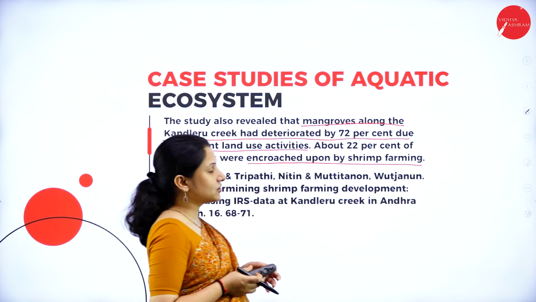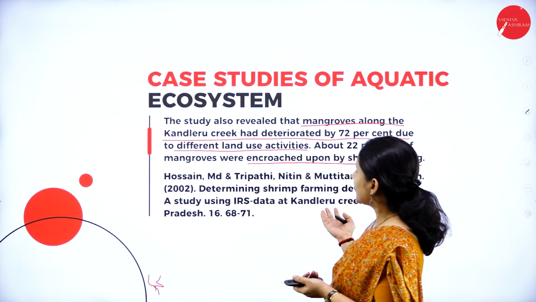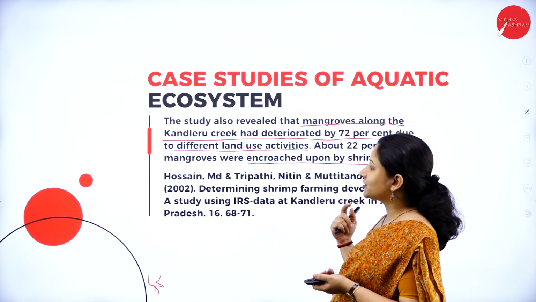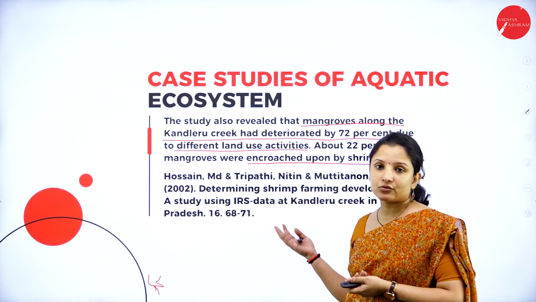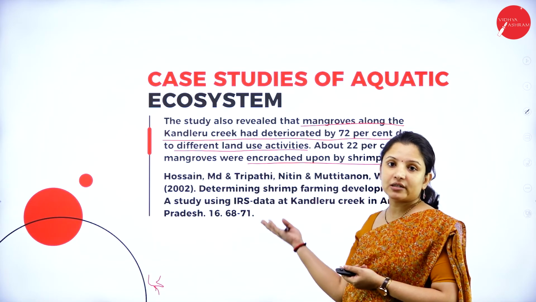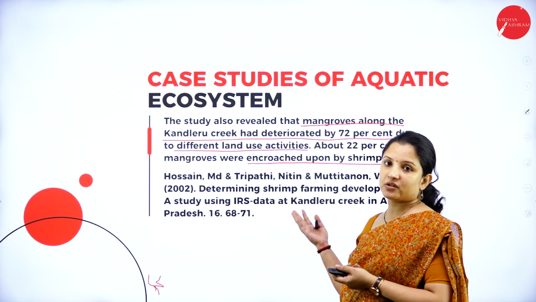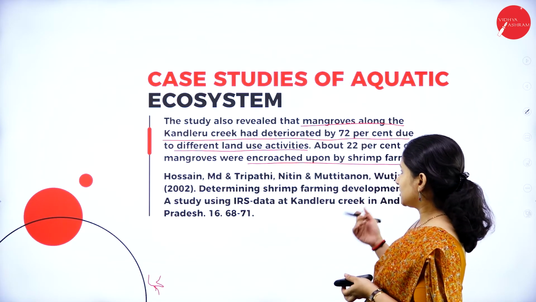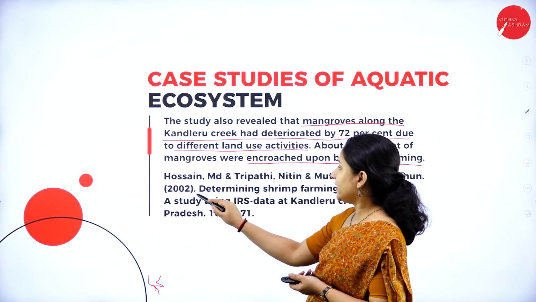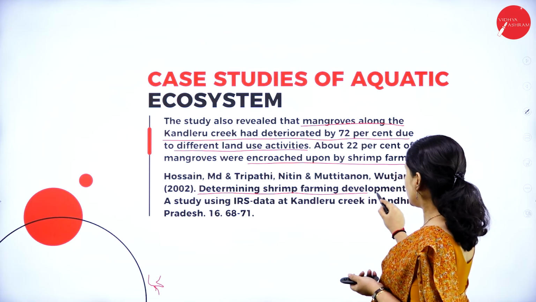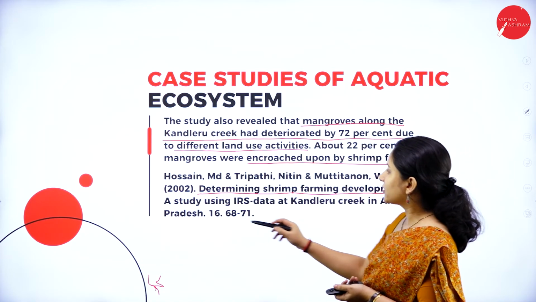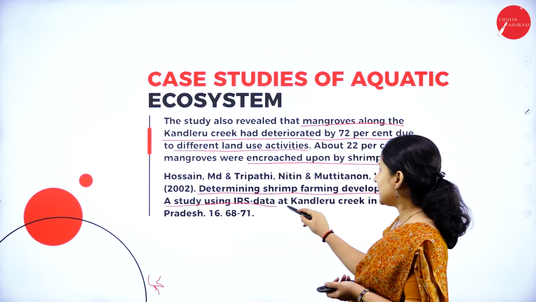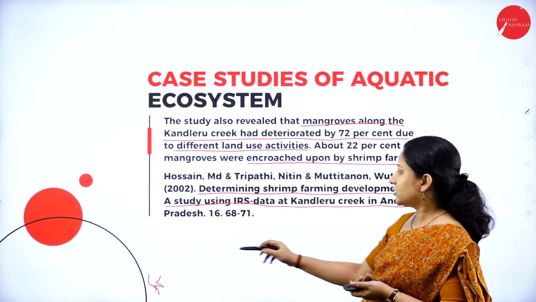So this was about this particular topic, that is, a case study of an aquatic ecosystem, wherein we took Kandleru Creek, that is, shrimp cultivation in Kandleru Creek of Andhra Pradesh, as an example. This is the paper that was written, with the heading: determining shrimp farming development, a case study using IRS data at Kandleru Creek in Andhra Pradesh.